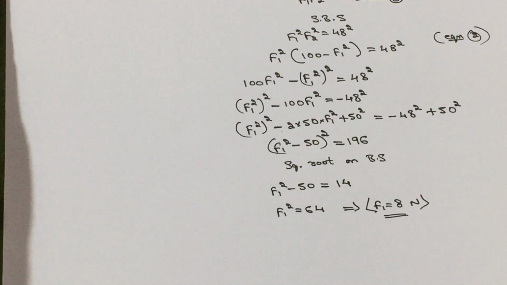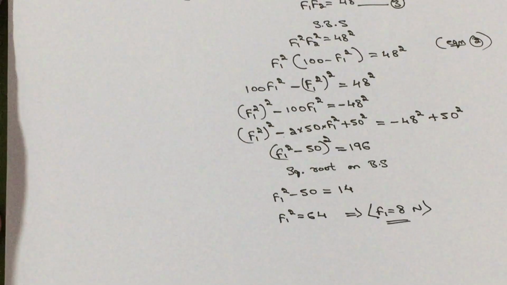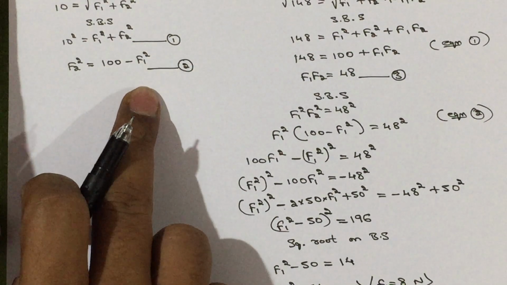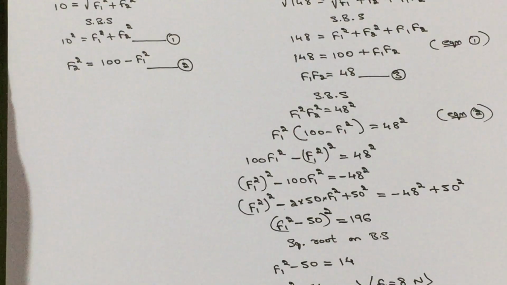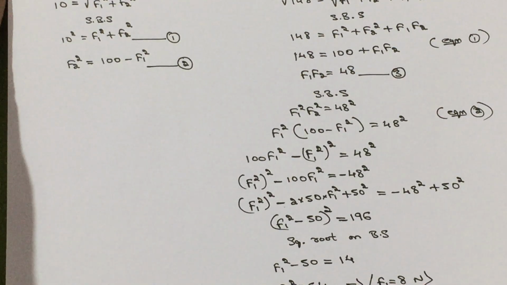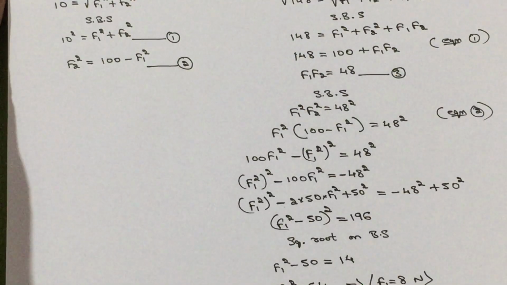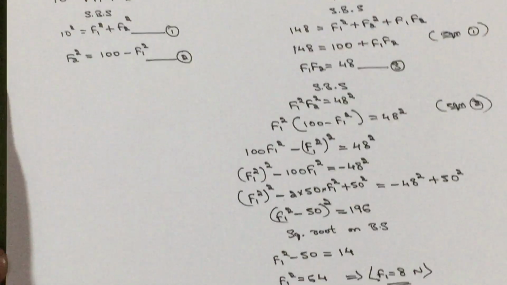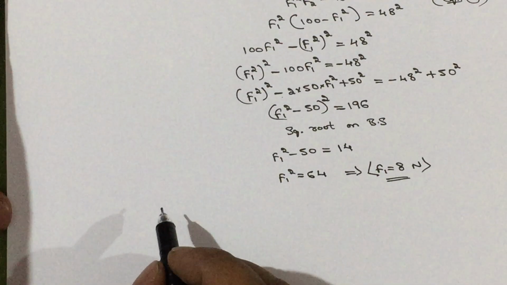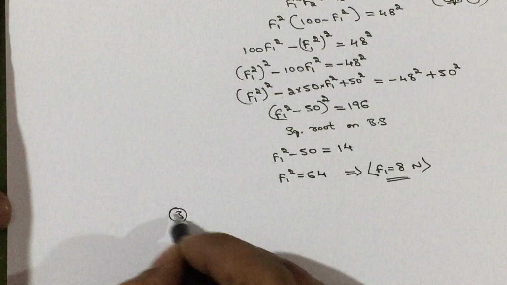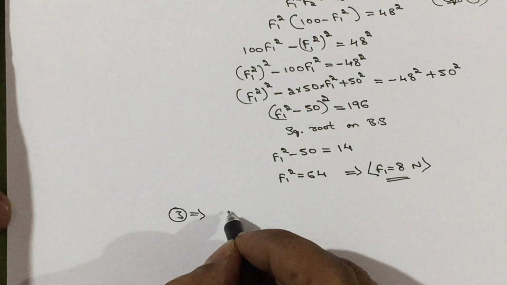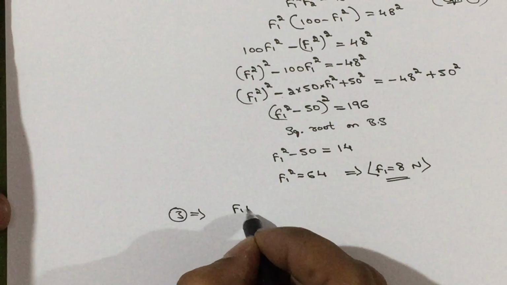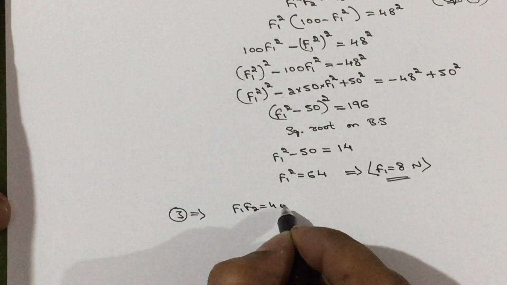Once you got the value of F1, substitute in any of the equations, that is 1 and 2, you are going to get the value of F2. I am going to consider equation 3. From equation 3, that implies F1 F2 is equal to 48.